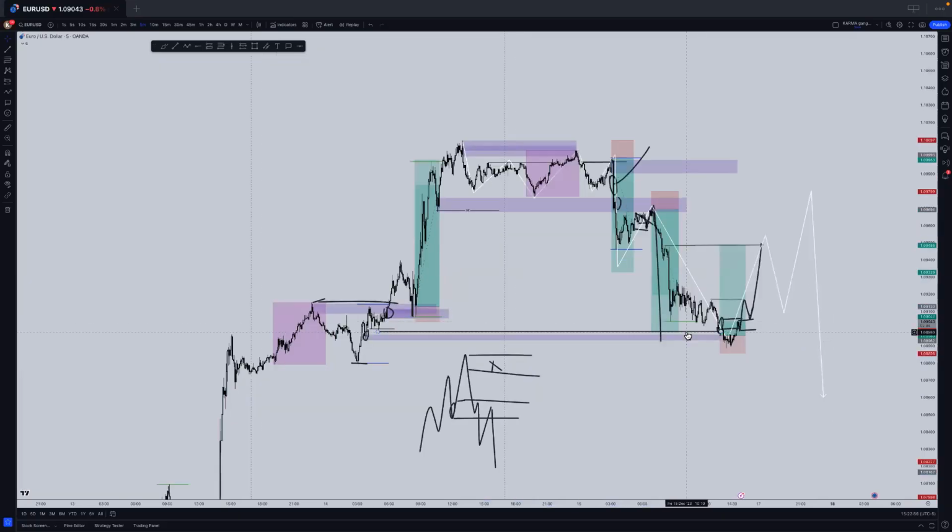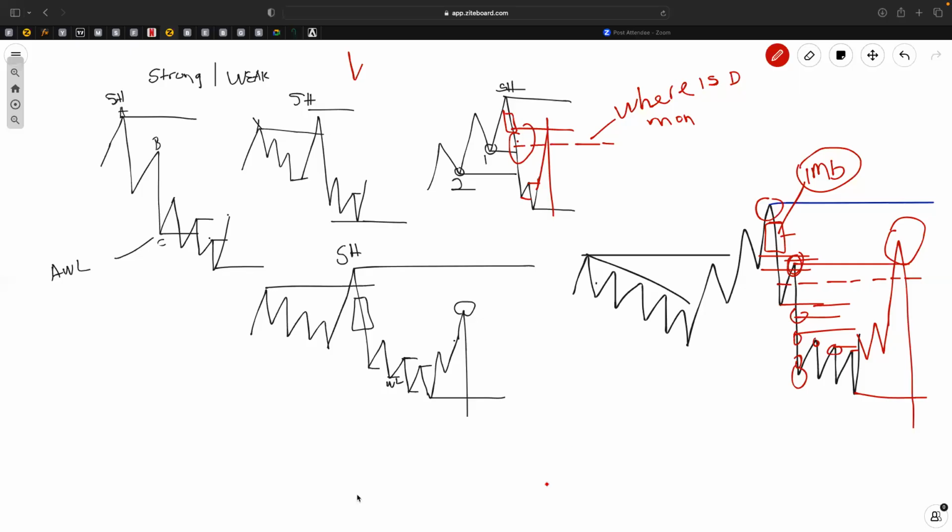So now let me just use this privilege to explain the last thing. What I want to explain to you guys now is what I used to call the indecision candle rule. This is the trick, something simple.